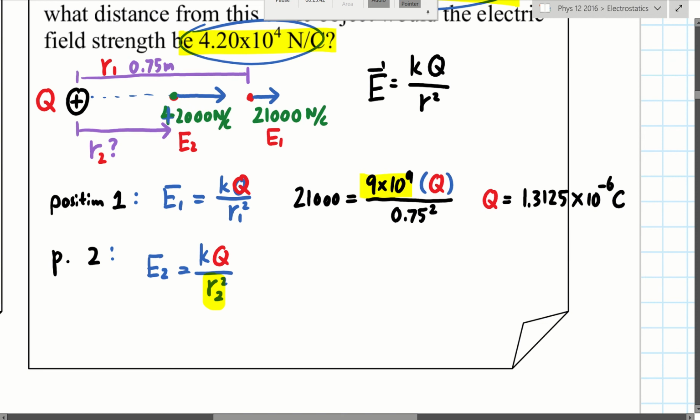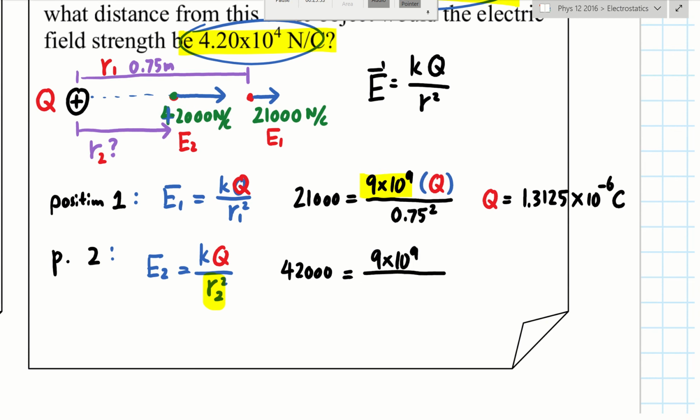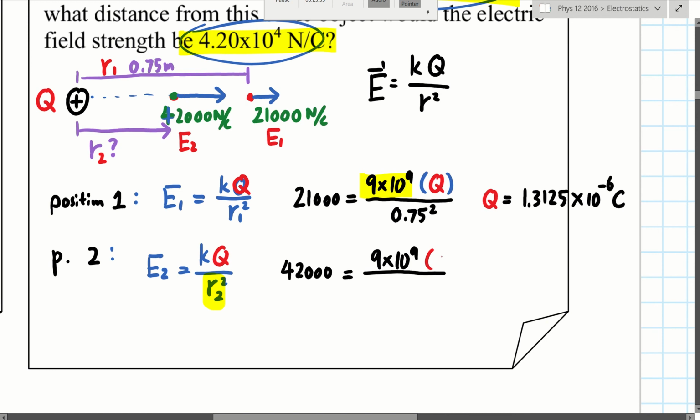So we have our electric field, which is 42,000 this time. K is 9 times 10 to the 9. Q is the same Q that we got, 1.3125 times 10 to the power of negative 6. This kind of calculation is pretty tedious because numbers can get really big or really small. What we're looking for is R2, and don't forget there's a square on it.